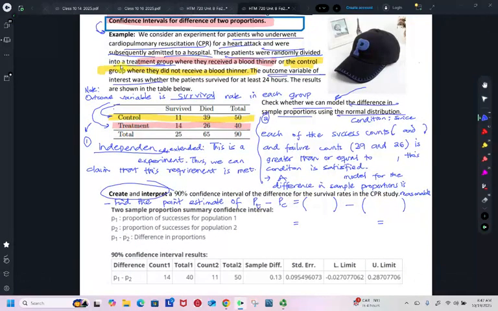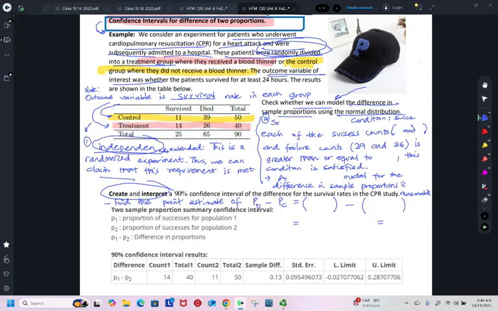It suffices to note that this is a randomized experiment. It is randomized because patients were randomly divided into the treatment group and the control group. Based on that, we can say that the requirement of independence of observations is met.